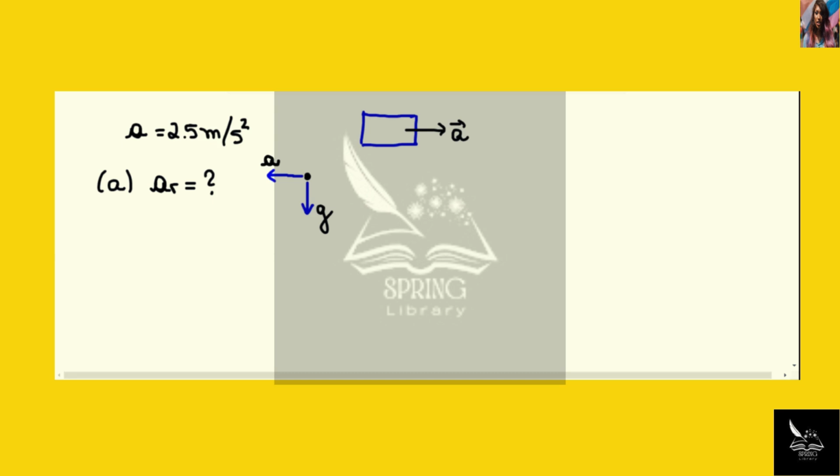So notice that we have the acceleration of gravity g, and it's perpendicular to the acceleration a, seen only by the observer inside the train car.